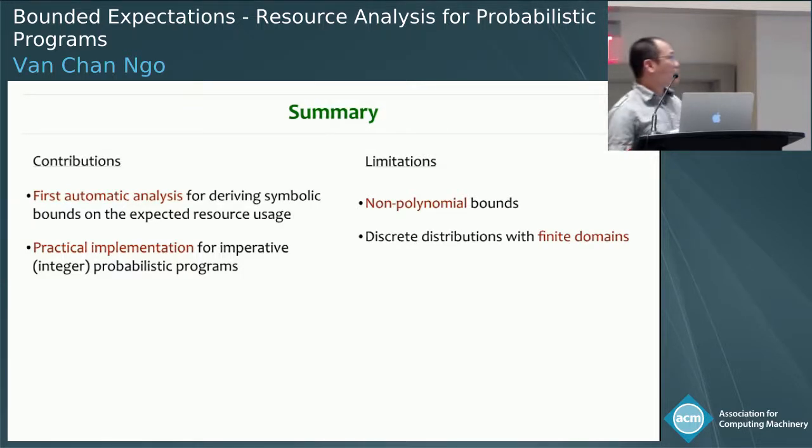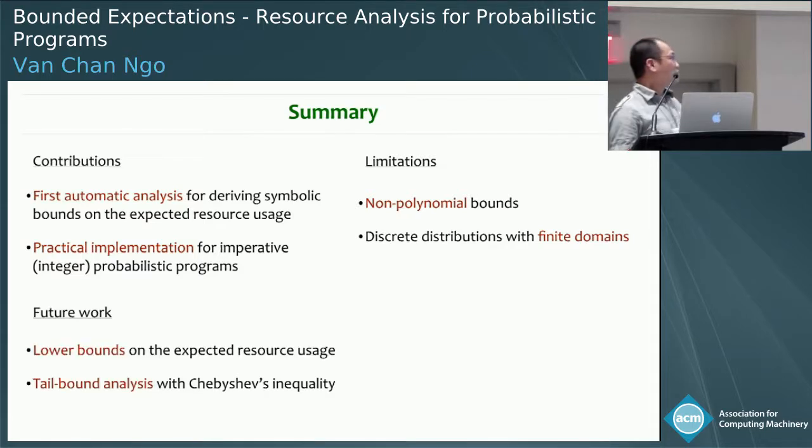For instance, it cannot reason about non-polynomial bounds on expected resource usage, and the current implementation only supports discrete distributions with finite domain. For future work, we want to reason about lower bounds on the expected resource usage and tail bound analysis with Chebyshev inequalities. Thank you, and I'm happy to take questions.